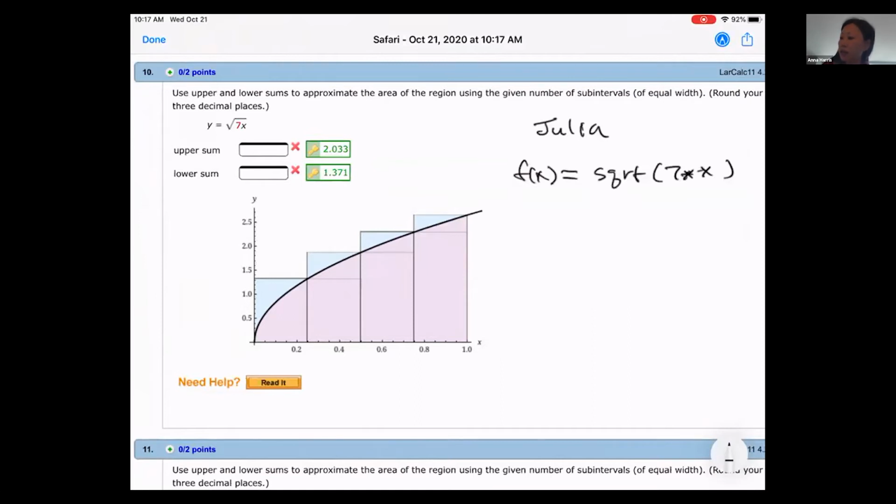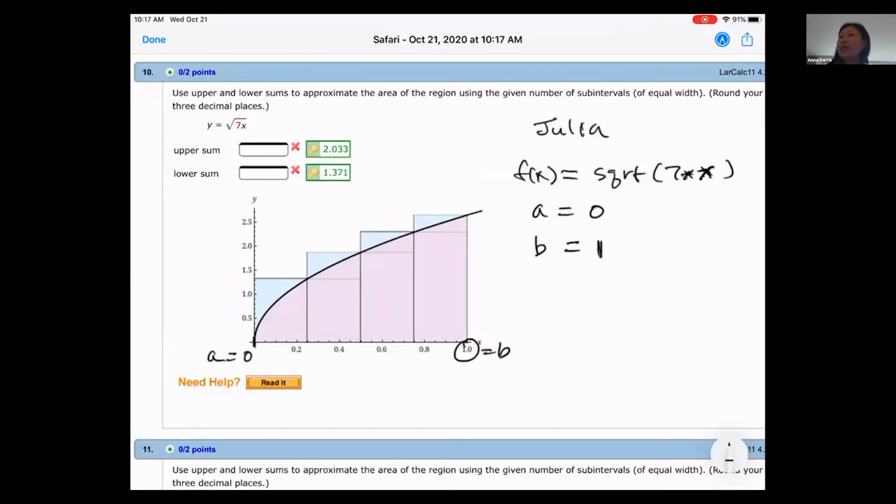Then a is equal to where the a starts. A starts at 0, so a equals 0. And b is equal to which number? It ends at 1, so that's your b.